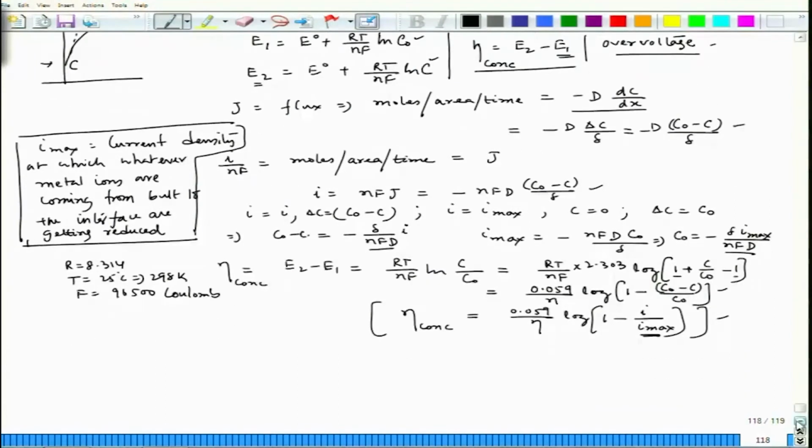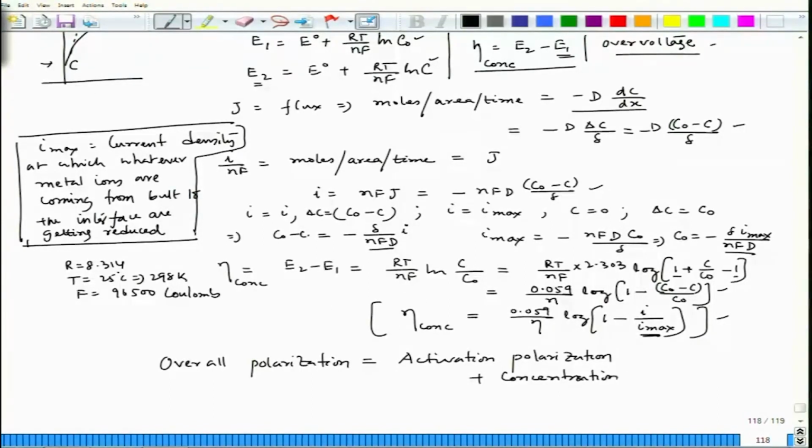Now, if I try to connect both these concentration terms, so this means this is concentration polarization. So, overall polarization should be equal to activation polarization plus concentration polarization.